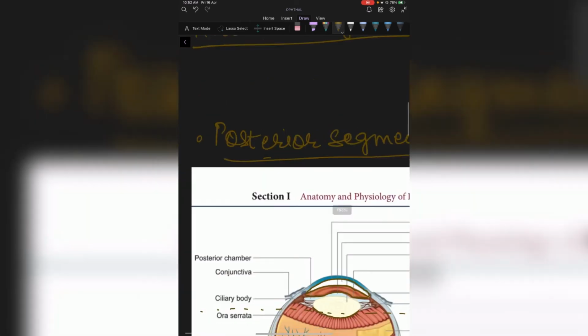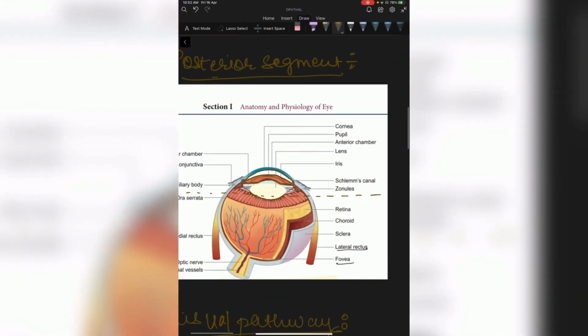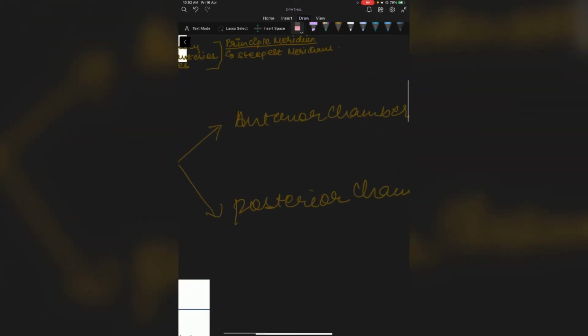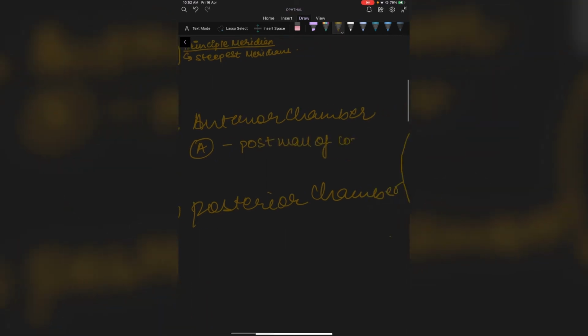Now let us discuss the anterior chamber. The anterior chamber is formed anteriorly by the posterior wall of the cornea, and posteriorly by the anterior wall of the iris and some part of the ciliary body.